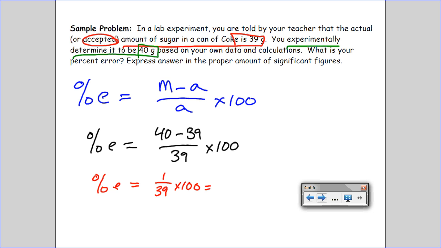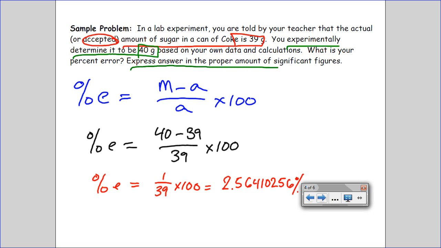So I pull out my trusty calculator. Hello, iPhone calculator. Hey, Mr. MoNaCo. 1 divided by 39 times 100. So I'm getting the calculator barf of 2.5641026%.